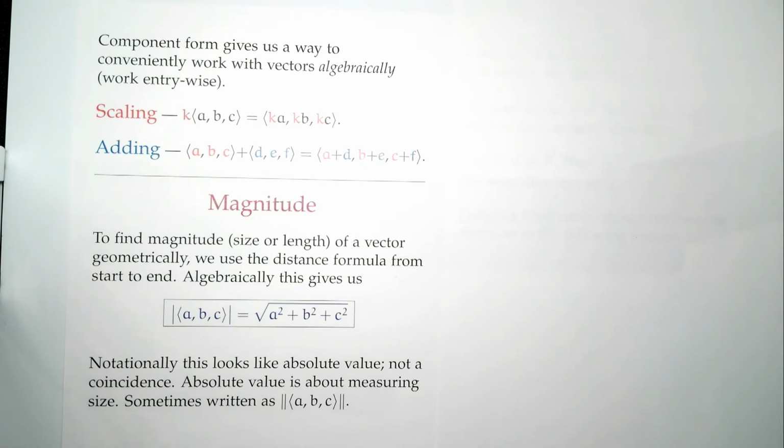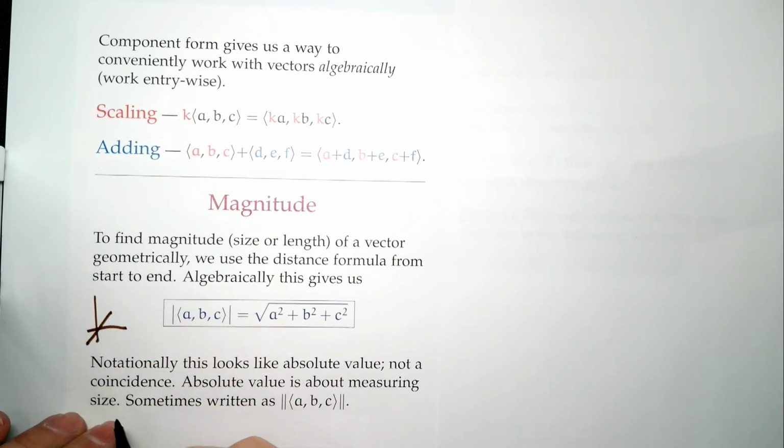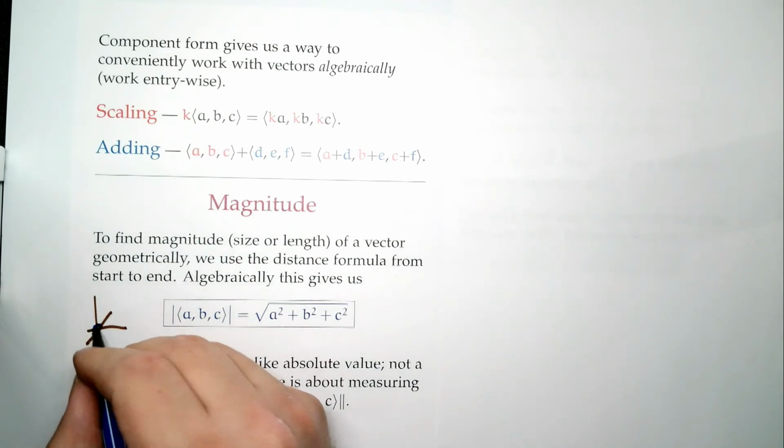Okay. What about length? That's magnitude. How do you find that? Well, to do that, we think geometrically. What is the length? Well, it's the amount we've changed. So if I have a vector a, b, c, one thing I can do is put that vector so it starts at the origin.